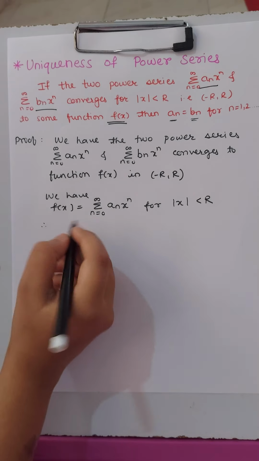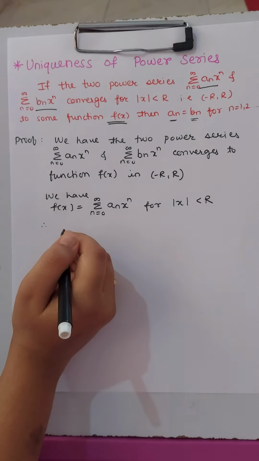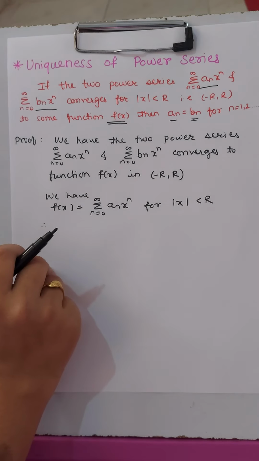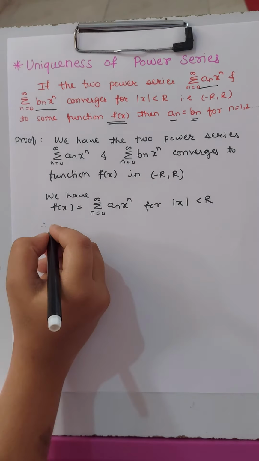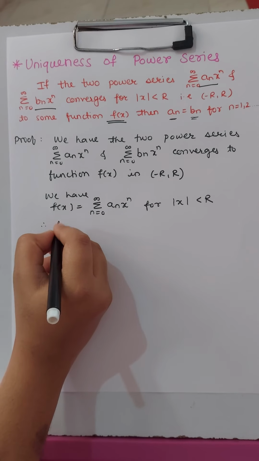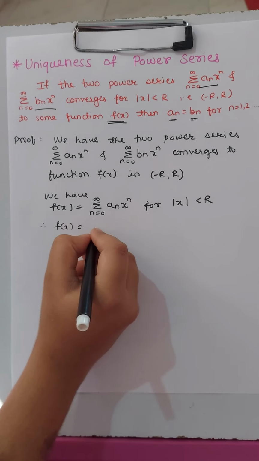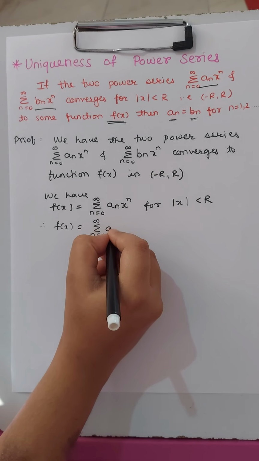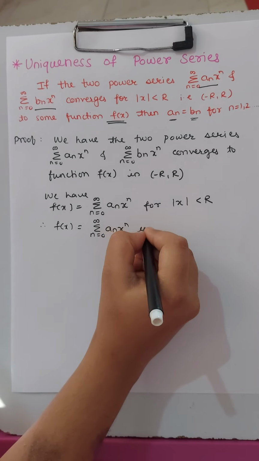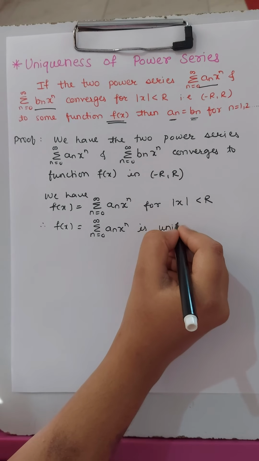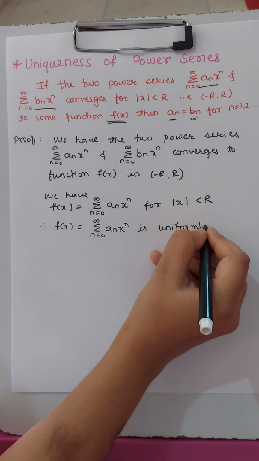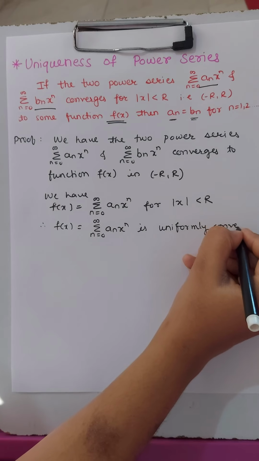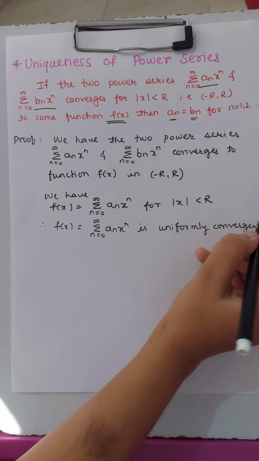So by the first theorem in this video, we can say that f of x equals summation n from 0 to infinity an x to the power n is uniformly convergent.